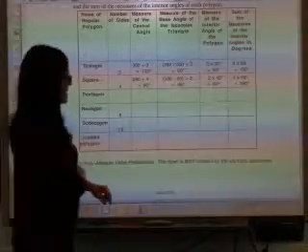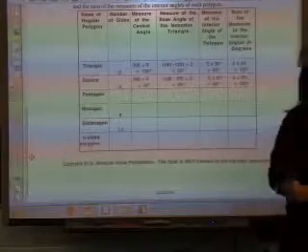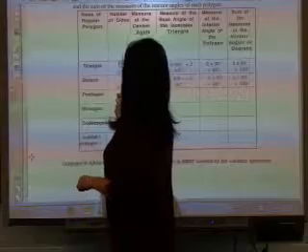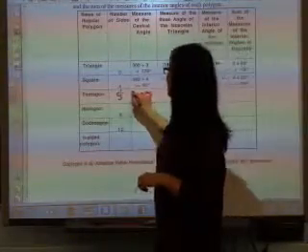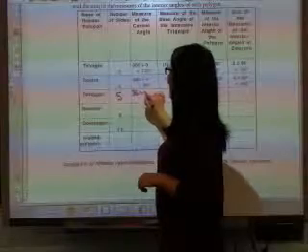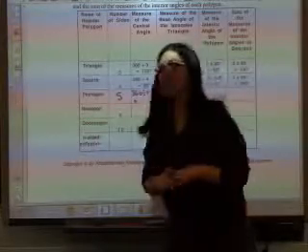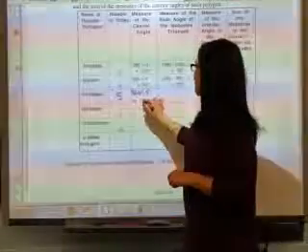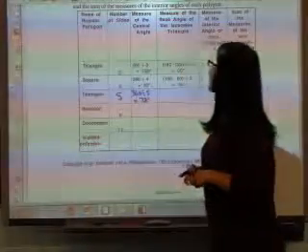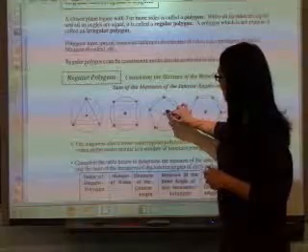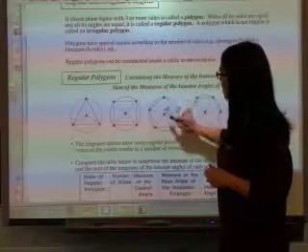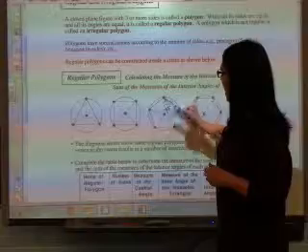So if I skip down to the pentagon, we said that a pentagon has 5 sides. So the measure of the central angle would be 360 divided by 5, which is what? 72. So then the measure of the base angle of the isosceles triangle: if this angle here is 72 degrees, what are these 2 angles?